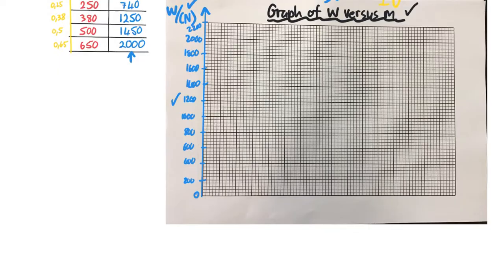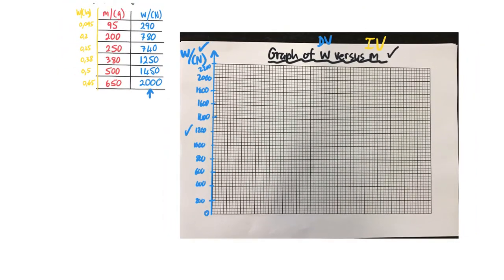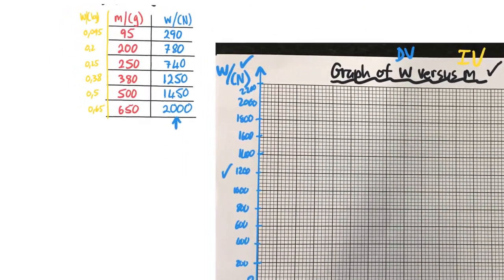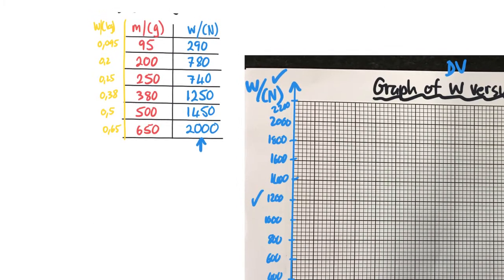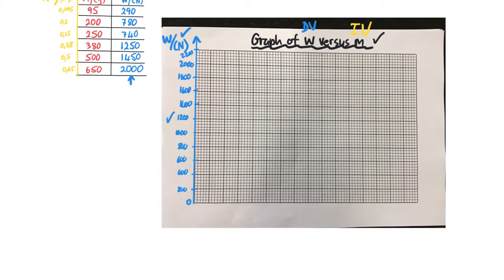Right, now on the horizontal axis we are going to plot the mass. Now you'll see here that this is in actual fact wrong. This is not weight, this is mass in kilograms. Alright, so we're going to use yellow.